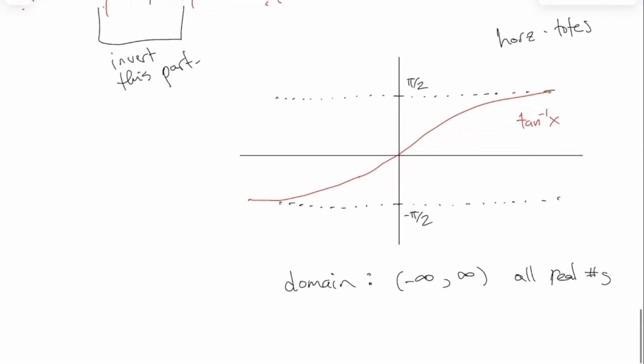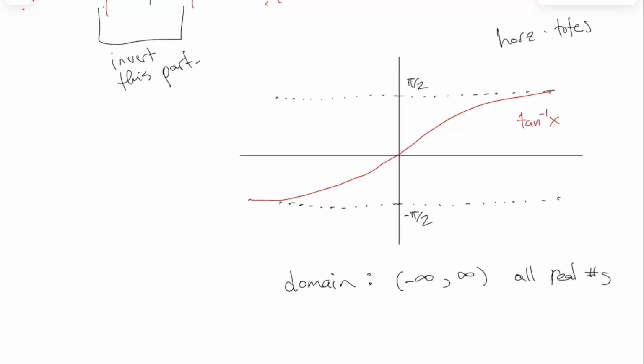As a function, this is a lot nicer to work with than the inverse sine, whose domain is only -1 to 1, and the inverse cosine is the same way. There are some numbers you just can't plug into those functions. But the arctan is defined for all real numbers, so it's quite a bit more convenient to work with.